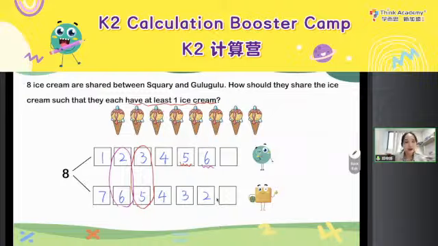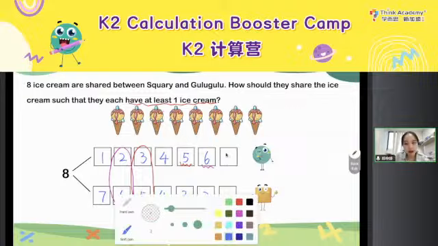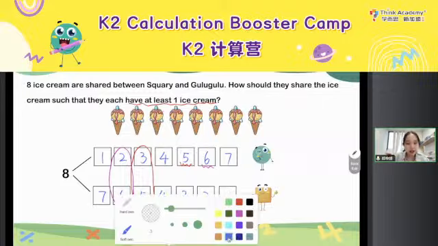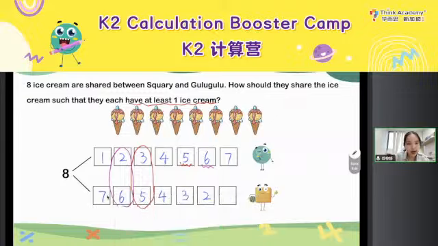So now for the last one, if for Glue Glue, it has 7 ice creams in here, then 2 seconds, tell me how many ice creams are there for Squarry? Nice job. So you can see that for the last pair for 8, we already have 8 as 2 parts in here.